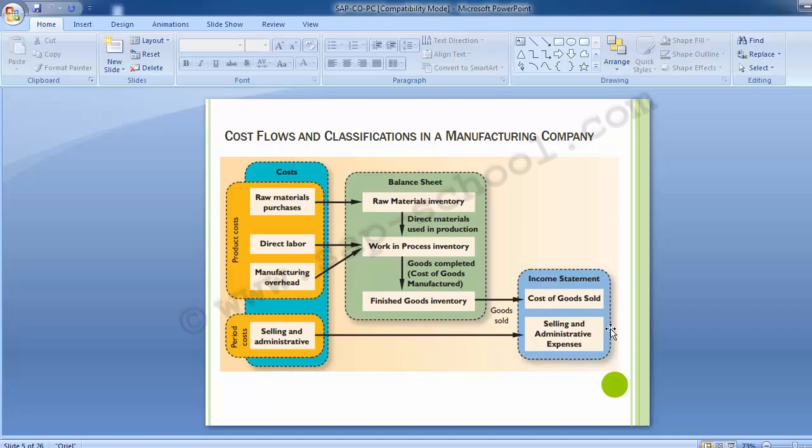At the end of the period, the material, labor, and overhead costs that are associated with the units, whether in the work in progress or finished goods inventory accounts, will appear on the balance sheet only as an asset. These costs will not become expenses until the goods are completed and sold to a customer. So this is how your cost flows from the balance sheet to the income statement.